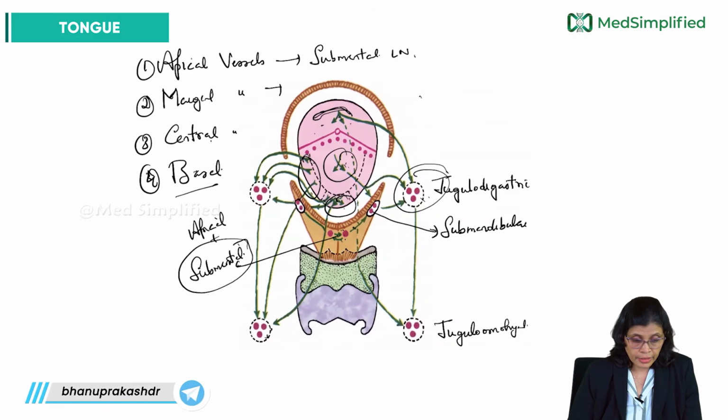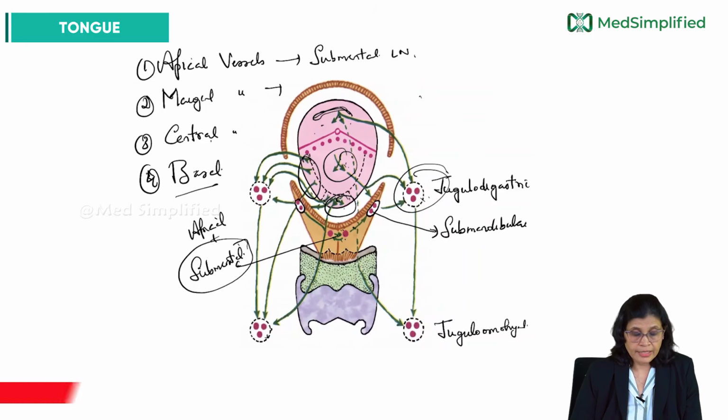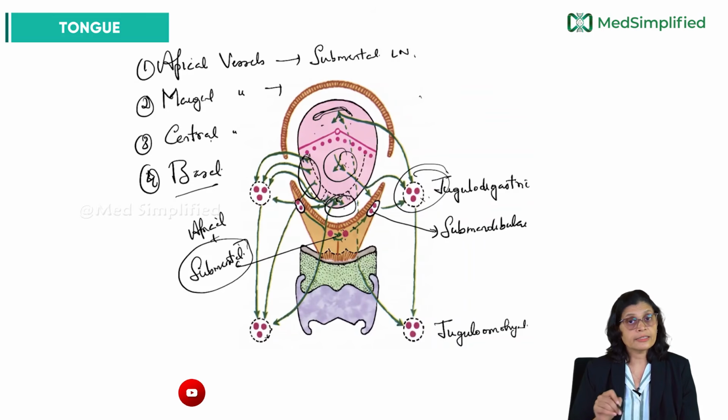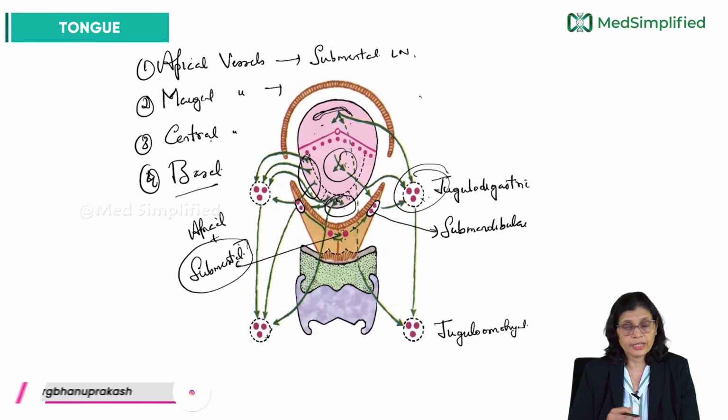So in the anterior 2/3 of the tongue, there is no communication of lymphatics. So here it does not metastasize across, it is only to the same side. Ipsilateral spread is there, but contralateral spread doesn't happen in case of the anterior 2/3 of the tongue, whereas in the posterior 1/3 of the tongue, contralateral spread can happen, from one side to the other because of the communication between lymphatics.